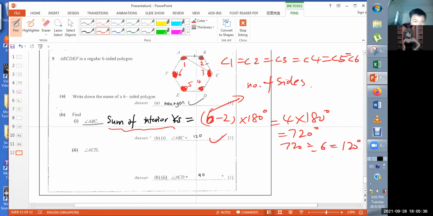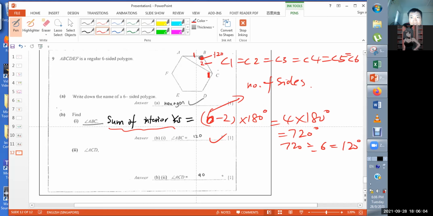Okay, good. So next, it says ACD. ACD is this one. I don't know whether it's 90 degrees or not, but I know that this is 120. And by the way, you did something here.